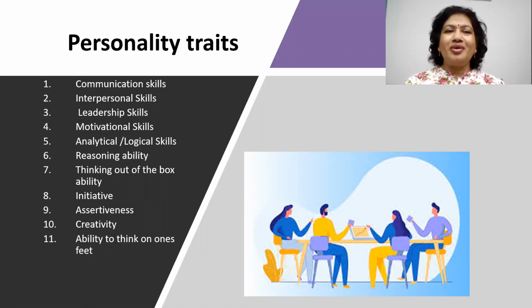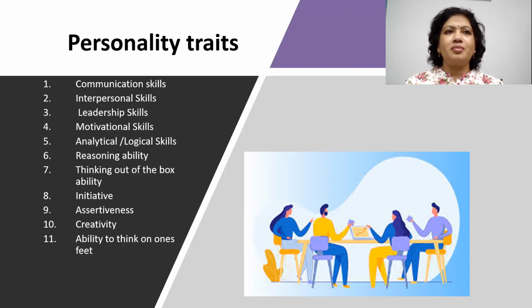Motivational skills. Are you interested in coming to this group discussion, or are you motivated to be a part of this group discussion? Analytical and logical skills. Suppose a statistic is given, are you able to analyze those statistics? Can you logically give reasoning? Thinking out of the box ability means, are you just following what others are following, or are you thinking something different?